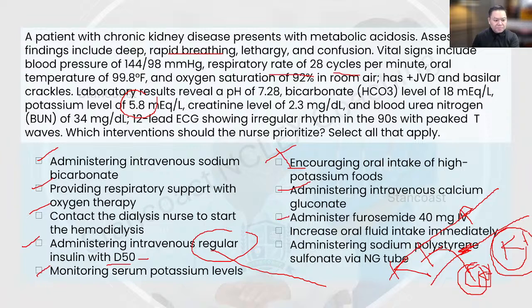What about this? Administer furosemide 40 milligrams IV. So the furosemide is a loop diuretic. It is a powerful diuretic that can help get rid of the excess fluids inside the body. Now, I want you to review the scenario here: the patient has positive JVD, which is jugular venous distension, which signifies a fluid overload in the venous system.